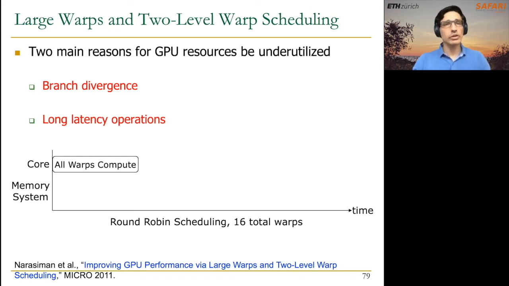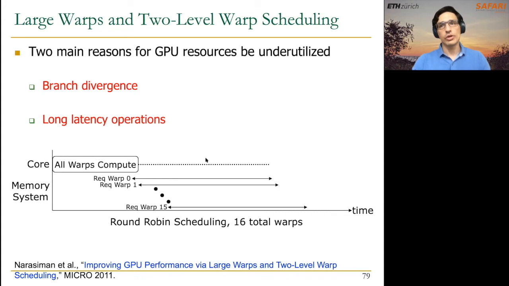At some point, all these warps need to go to memory to read more data to continue the processing, right? So the problem is that at some point they all will stall in the GPU pipeline, in the GPU core, and they all will have to go to memory for many cycles until they bring the data, and this way they can continue the execution in the pipeline.